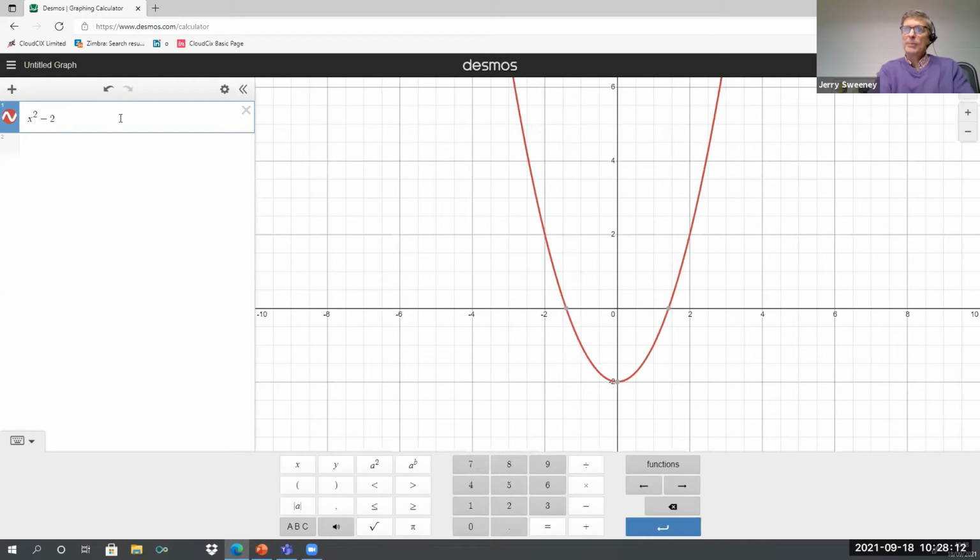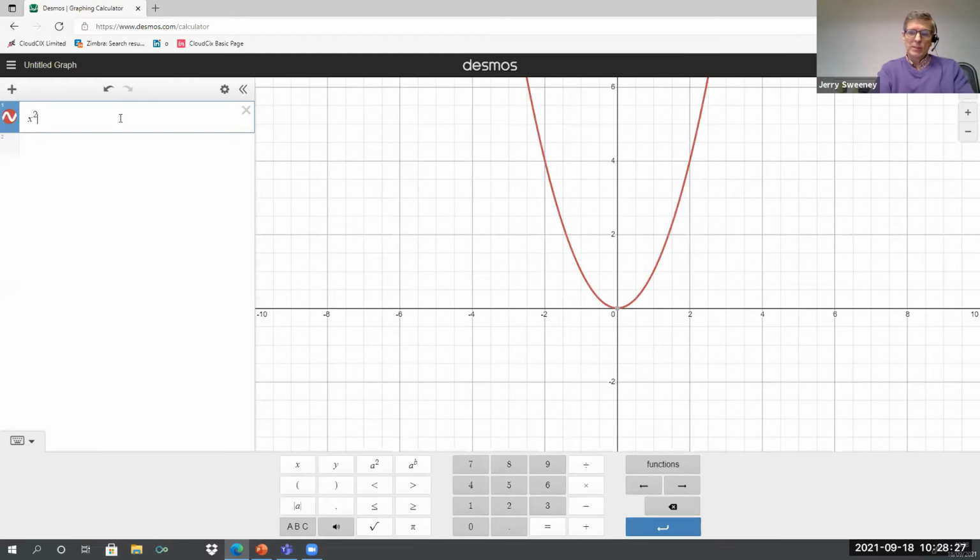So by subtracting 2 from the right-hand side of the function, we have moved it downwards. We now have 2 roots, and I think you can imagine that if we went +2, we would move it upwards.